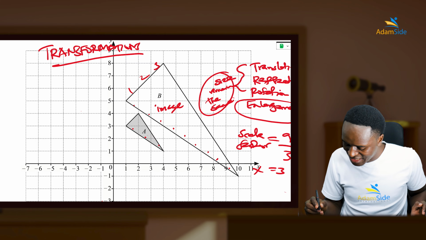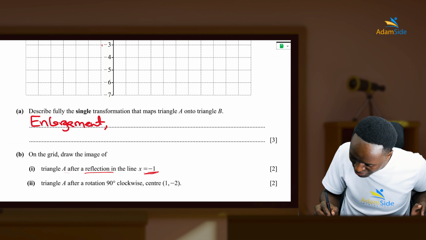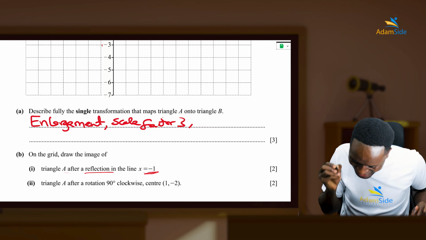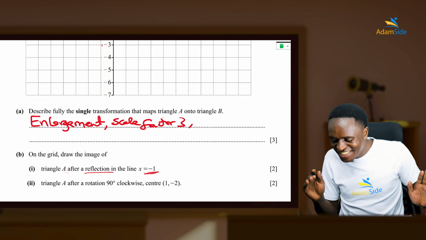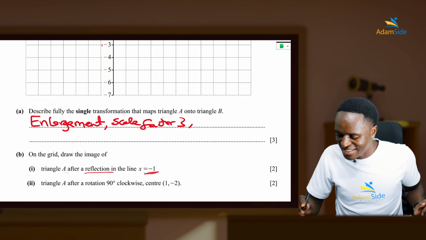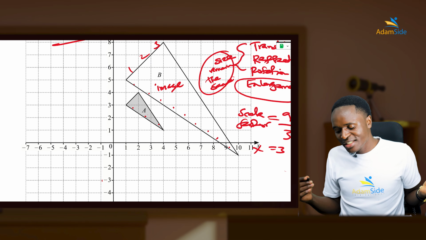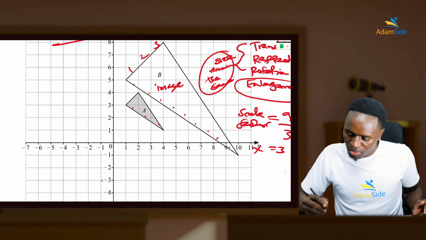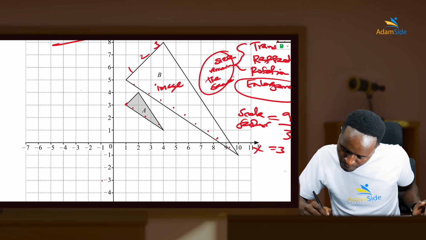So the scale factor has to be mentioned. Scale factor 3. Then center of enlargement. Very important. How do we get the center of enlargement? You take each shape to its image.